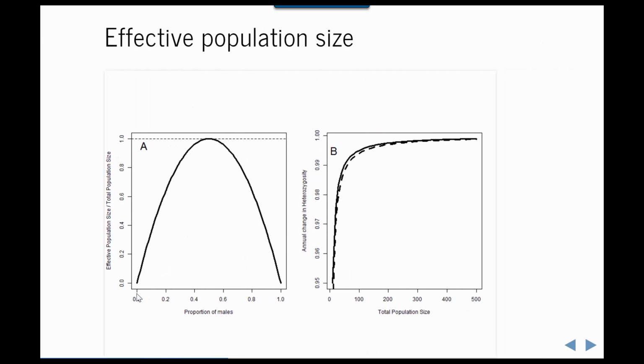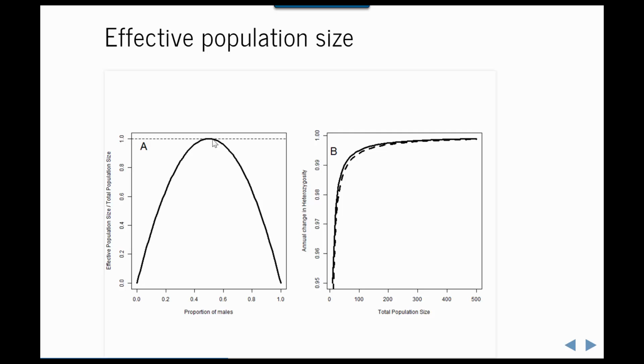So over here in the left-hand panel on the x-axis is the proportion of males in the population. So a perfectly balanced sex ratio has half of the population as males. And on the y-axis is the effective population size divided by the total population size. So when we have a balanced sex ratio, that ratio of effective population size to total is 1. And that's where we're at right here.